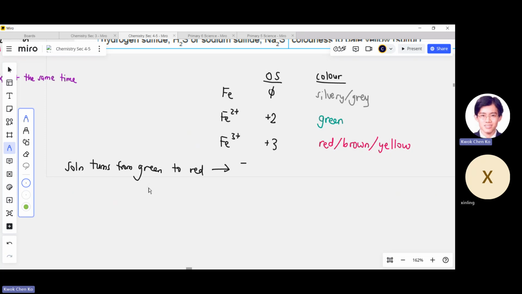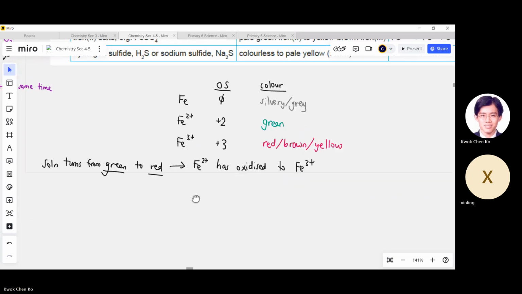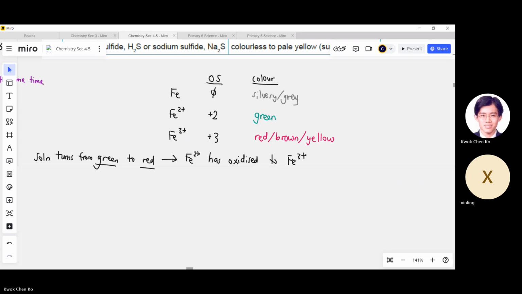So basically, it implies iron 2+, which is green, has oxidized to iron 3+, which is red. That is the implication. That is what you should write in your explanation. Remember iron? Any question?